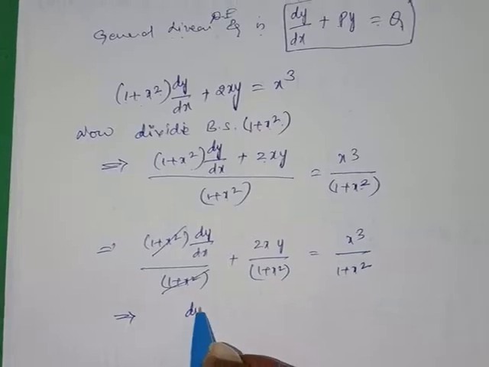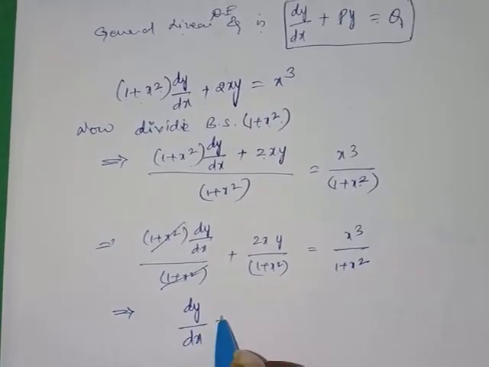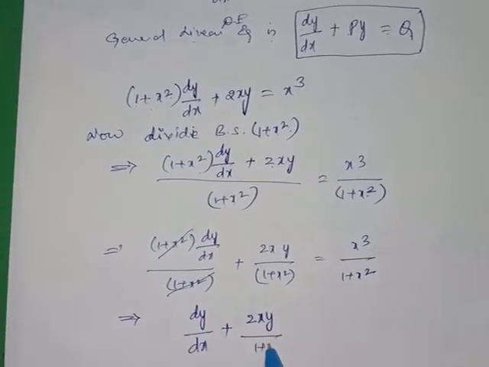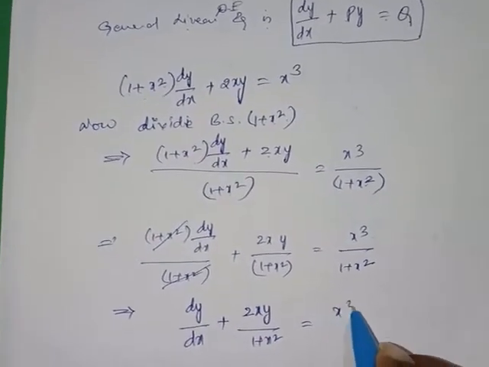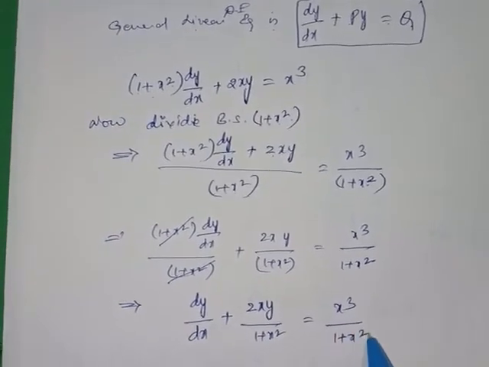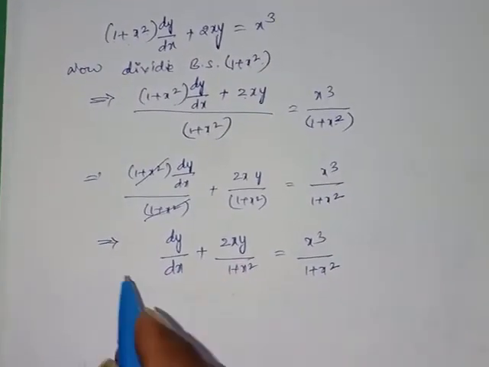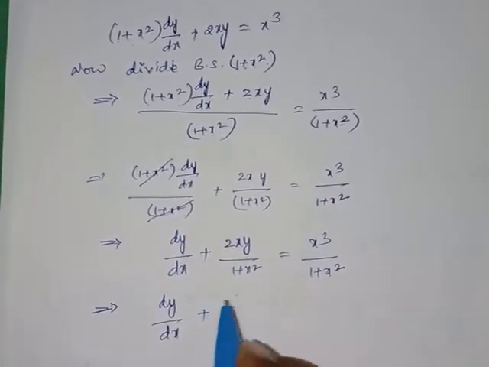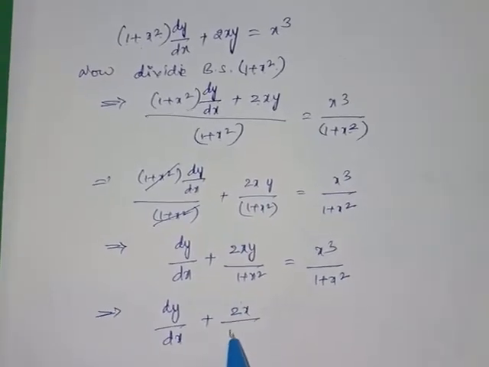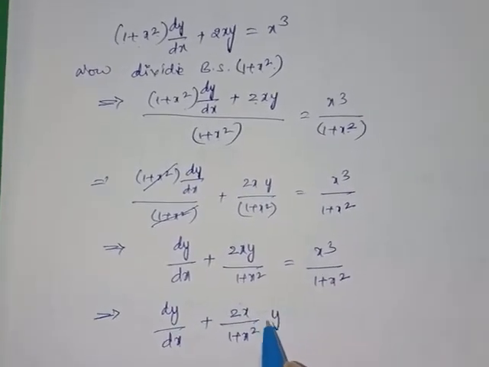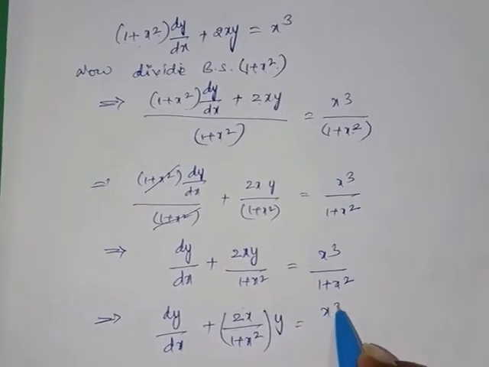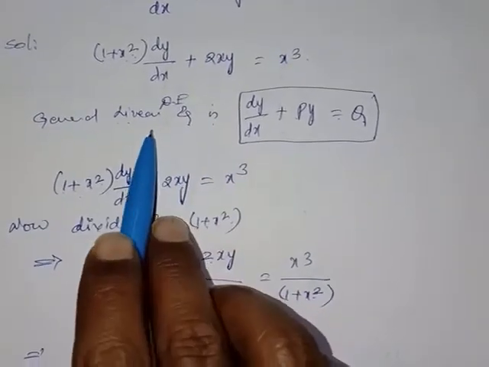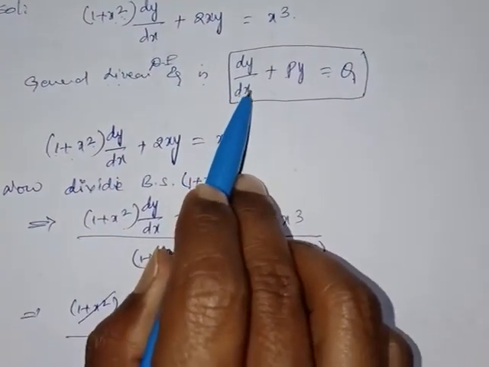The remaining is dy/dx + 2xy/(1 + x²) = x³/(1 + x²). We can also write this as dy/dx + (2x/(1 + x²)) y = x³/(1 + x²). Now compare with the linear differential equation general formula.